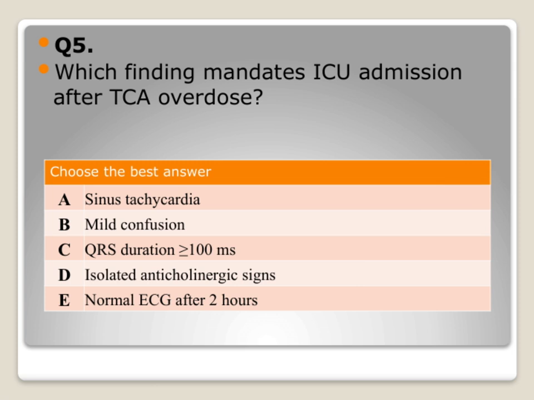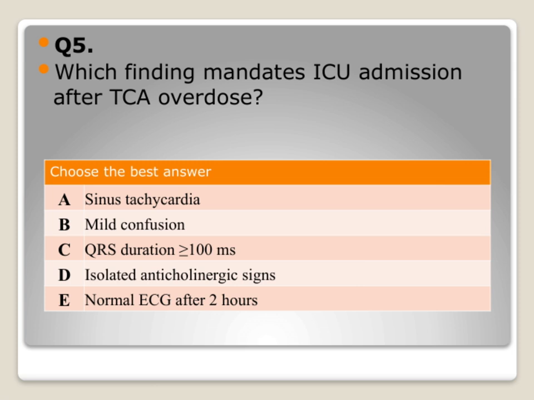While sinus tachycardia and mild confusion might be present, they are less specific or less immediately dangerous compared to a widened QRS complex. Isolated anticholinergic signs, like dry mouth or blurred vision, are typically less severe and don't usually require ICU care unless accompanied by other critical signs.